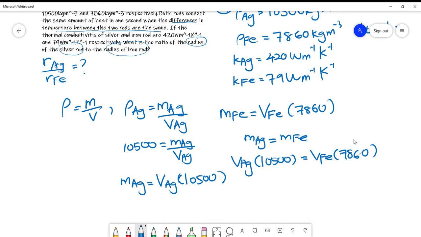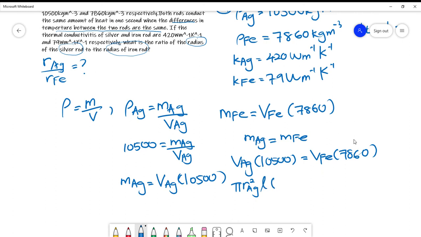So we consider both rods as cylindrical in shape. The volume of a cylinder is pi r square times the height, and the height is the length of the rods.